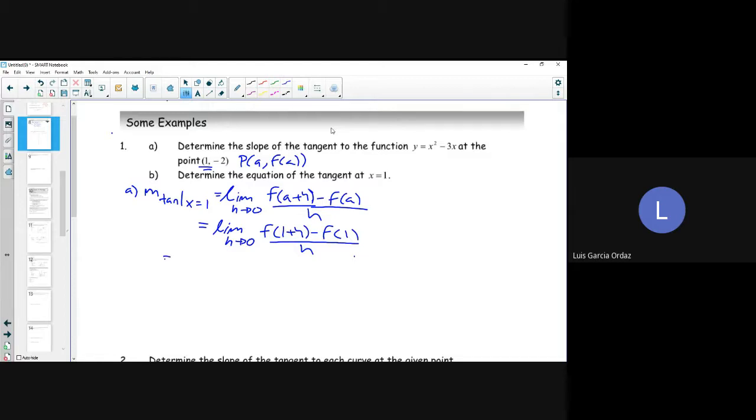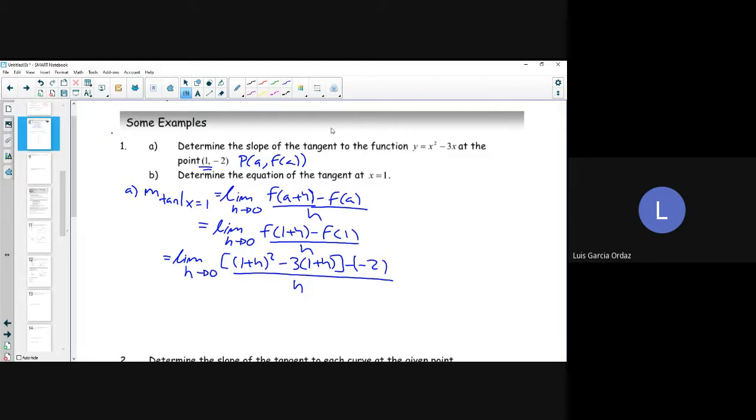So what we're left with is the limit as h approaches 0 of, in square brackets, 1 plus h squared minus 3 times 1 plus h, minus whatever f at 1 is, and we know f at 1 gives us -2, and that's all over h. So I want all of you to simplify what's in the brackets.